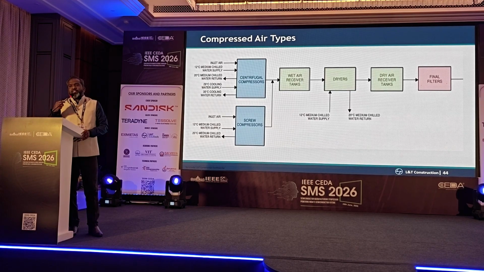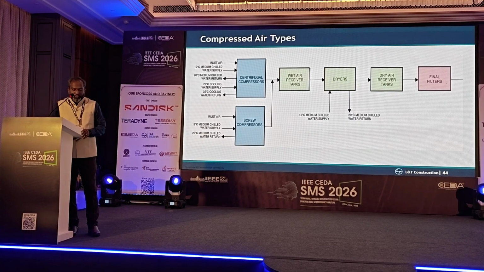So we have centrifugal compressors, and we have screw compressors. Based on requirements, it's a mix of these for the compressed air generation. And you will see this will get linked to the cooling system because this needs to be cooled also. So we have receiving tanks, dryer receiving tanks, and then we have the final filter before it gets into the fab.